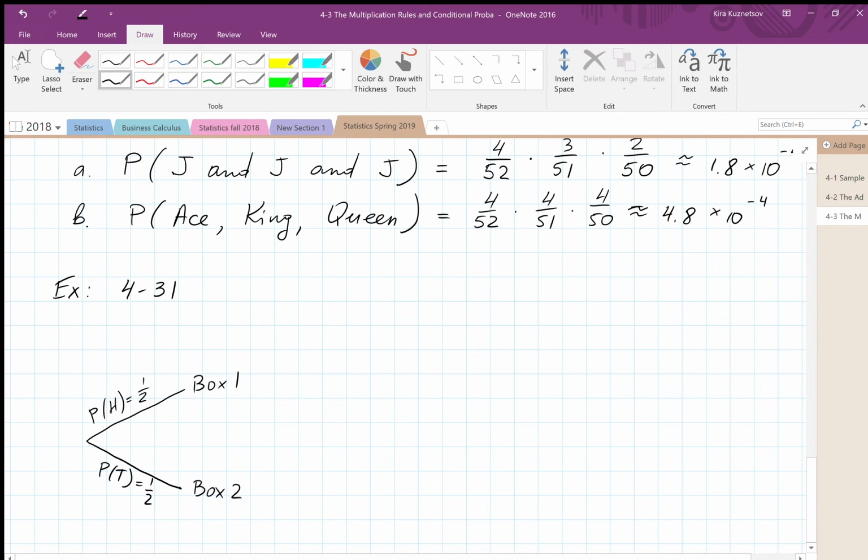Now, let me start with box 1. Box 1 contains 2 red balls, I'll fill in the bottom in a second, and 1 blue.